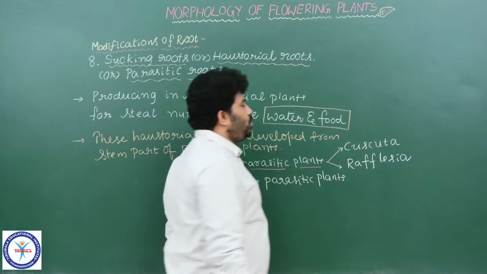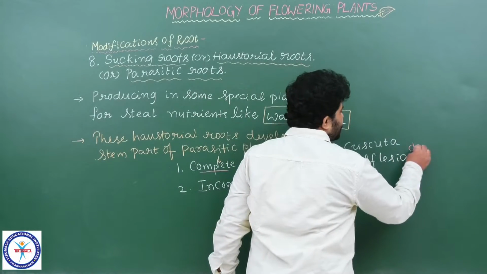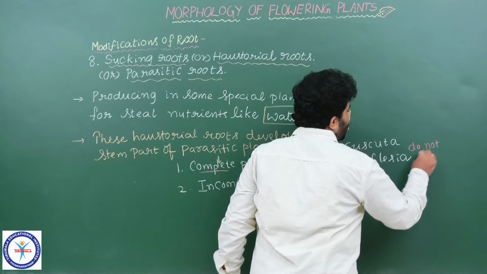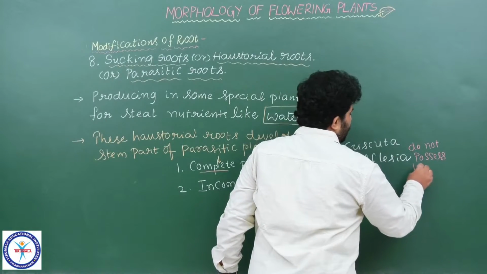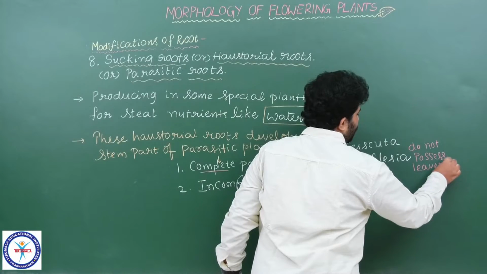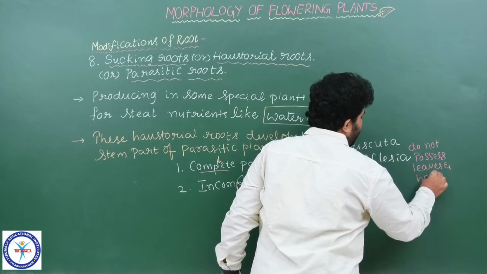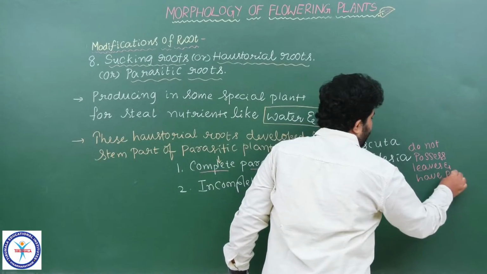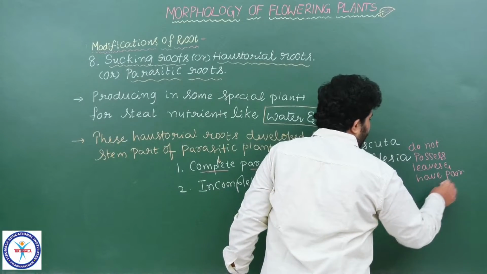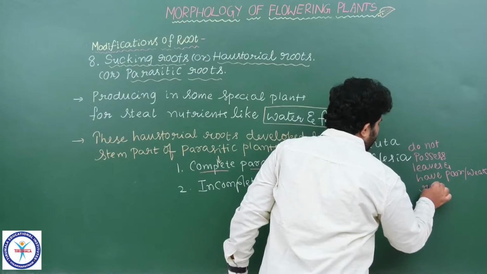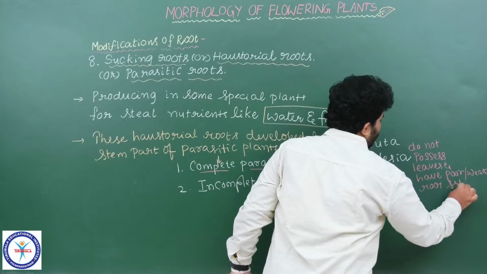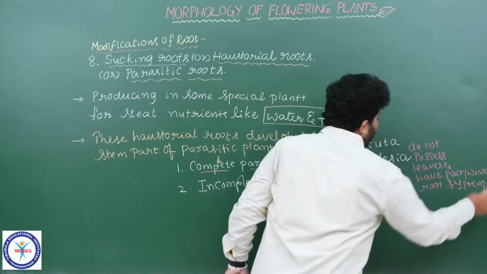It means these two plants do not possess leaves and have a poor or weak root system to absorb water.